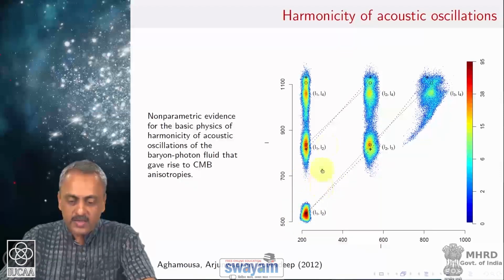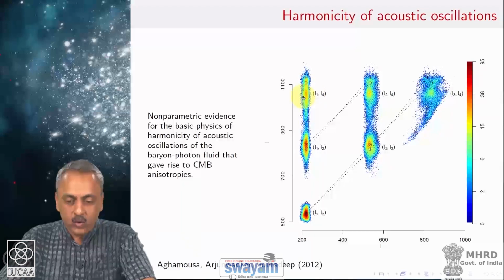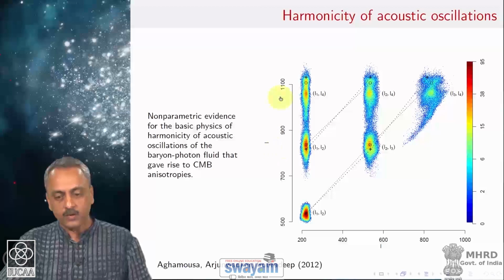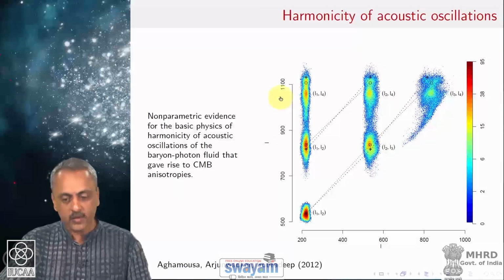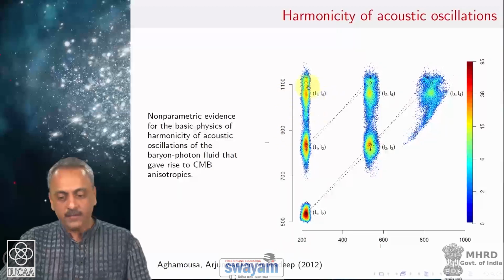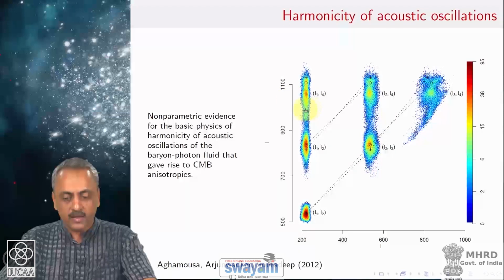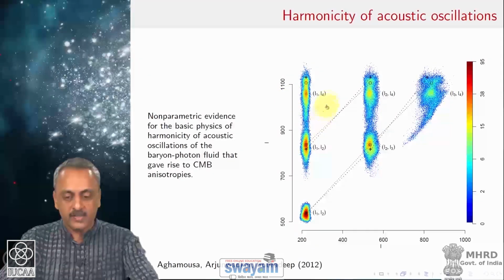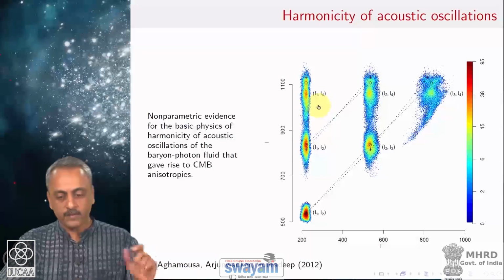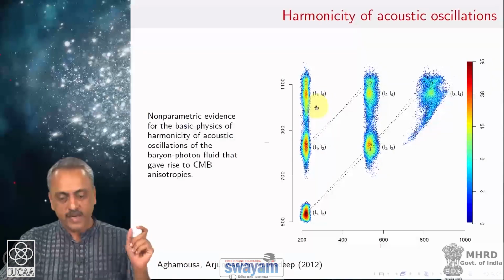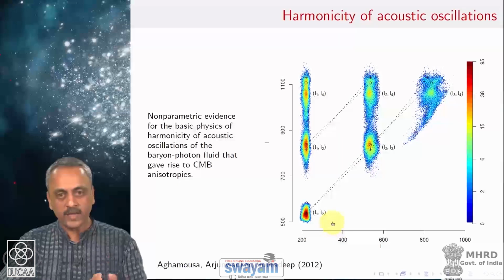What is important here is these peaks are known to be harmonic peaks, in the sense they arise out of acoustic oscillations of the early universe, and hence we expect some sort of a lattice structure here. Looking at the scatter across the confidence set, you look at the pair of peaks and look at their locations and how they vary.